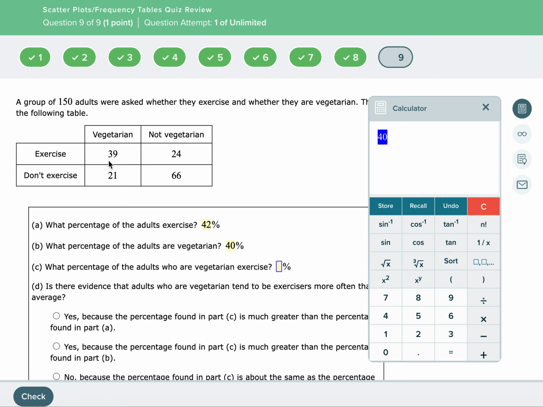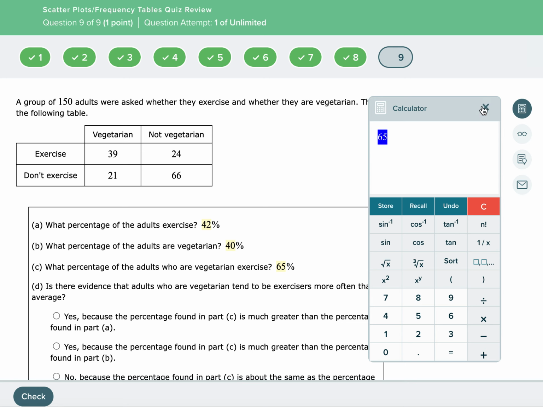There's 39 of them that exercise out of the total. So it's going to be 39 divided by whatever this total is. If we add 39 to 21, 9 plus 1 is 10, carry your 1, so you get 60. 39 out of 60. That's pretty high. So it's 65%, because if I multiply this by 100, I'll get 65%.